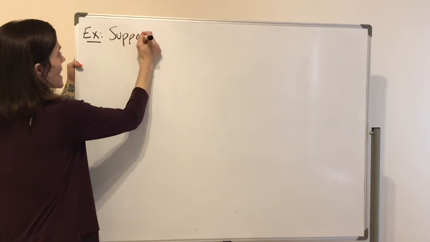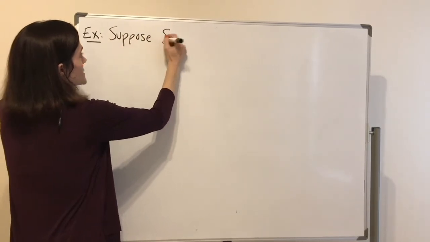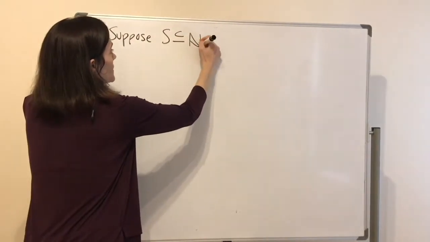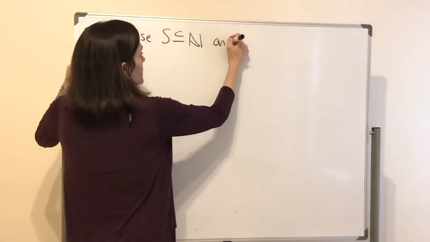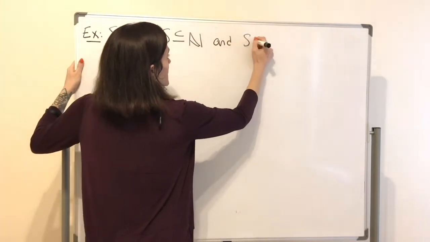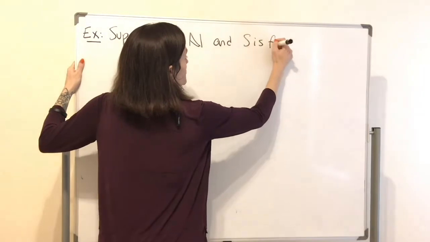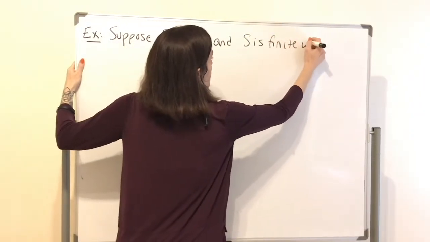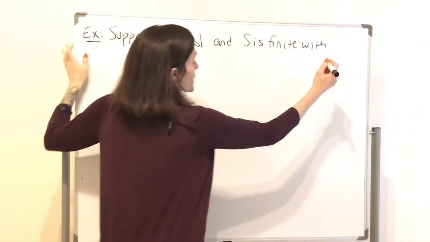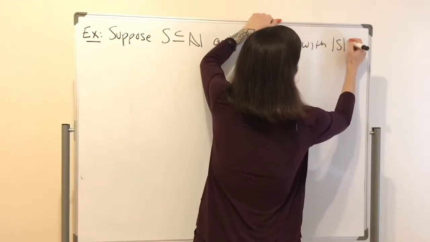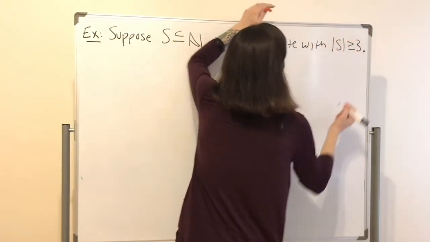Suppose S is a subset of N, and S is finite. The finite subset of N with the cardinality of S greater than or equal to 3.